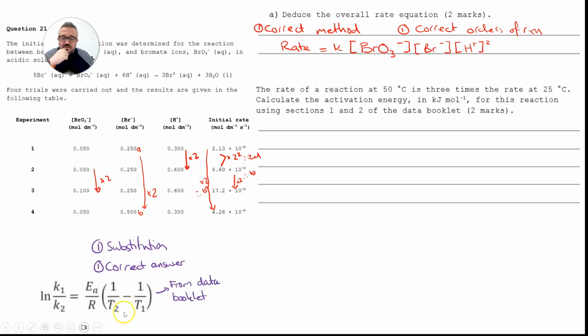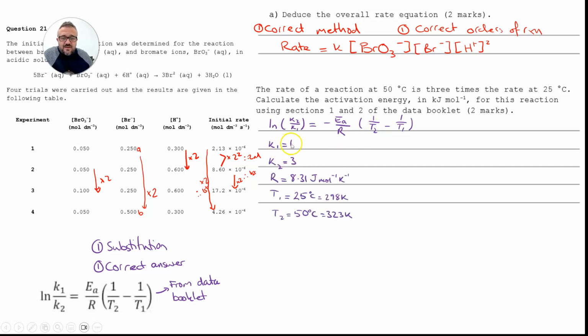Okay, this is the equation from the data booklet. Natural log of k1 divided by k2 equals activation energy over the gas constant multiplied by the reciprocal of temperature 2 minus the reciprocal of temperature 1. Okay, so let's start substituting.